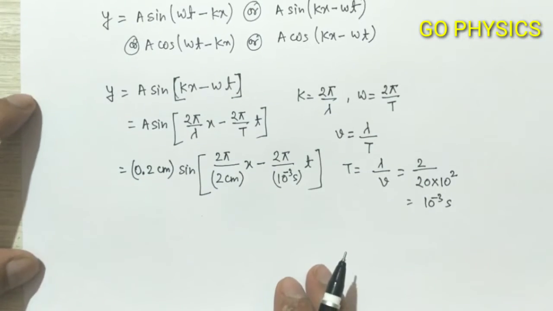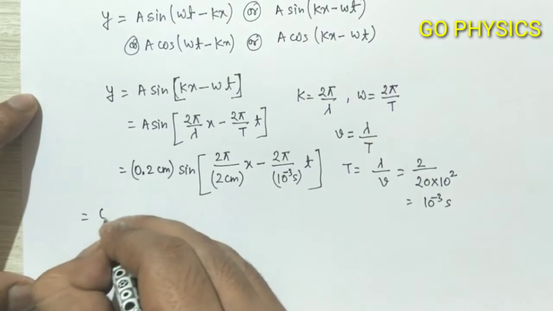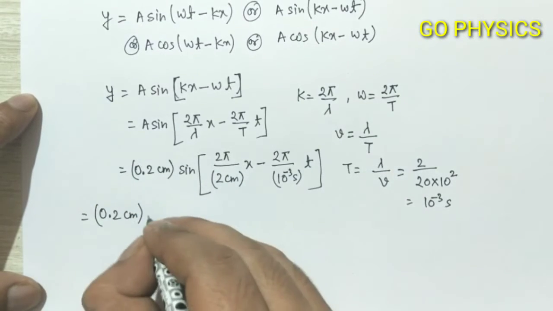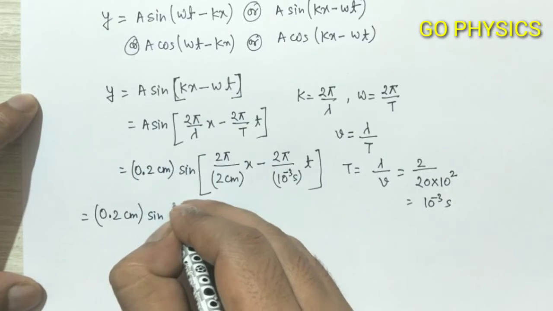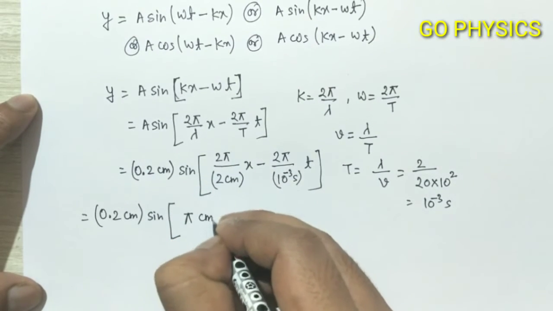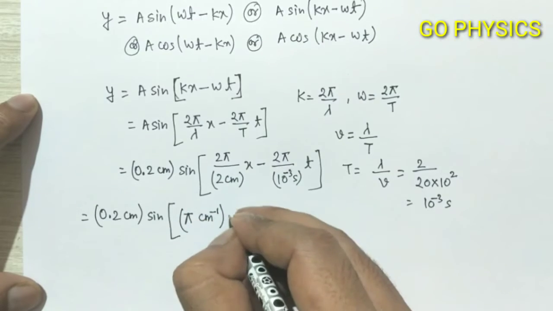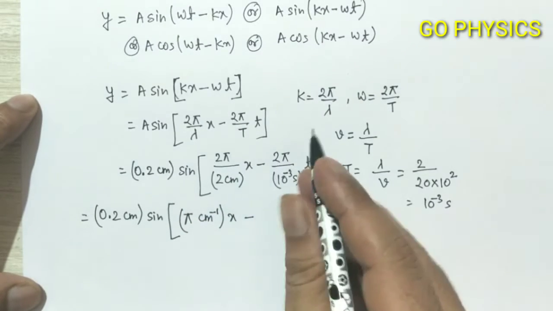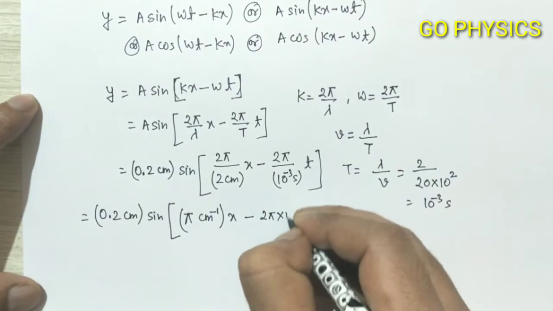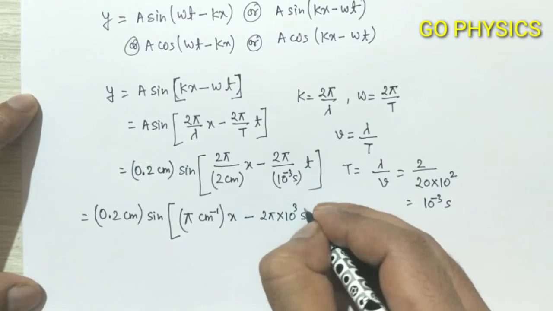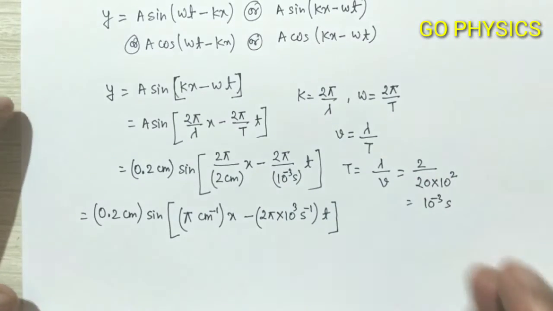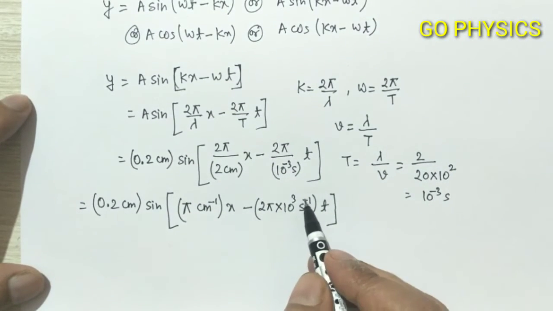Now we are going to just simplify this. So it will become 0.2 centimeter sin (pi centimeter inverse x minus 2 pi into 10 to the power 3 second inverse into time). So this is the wave equation that we got.